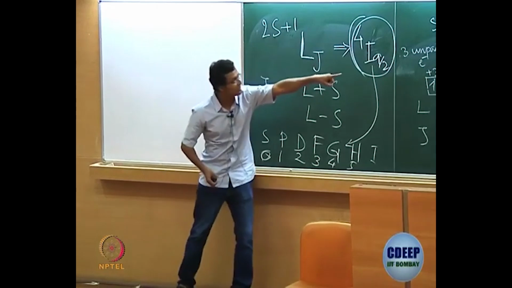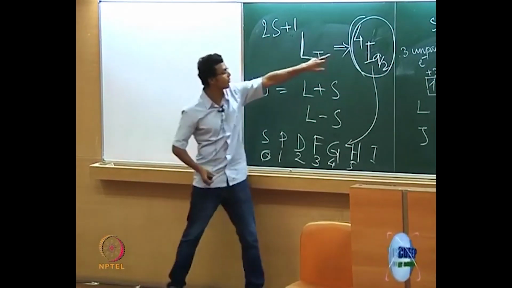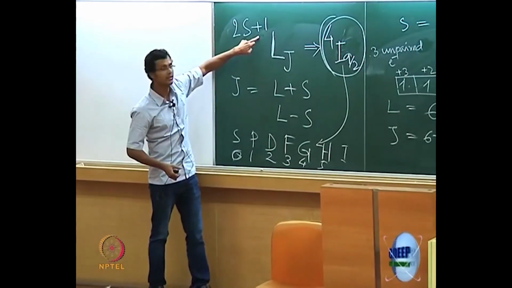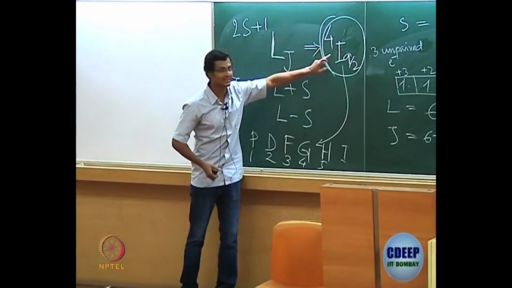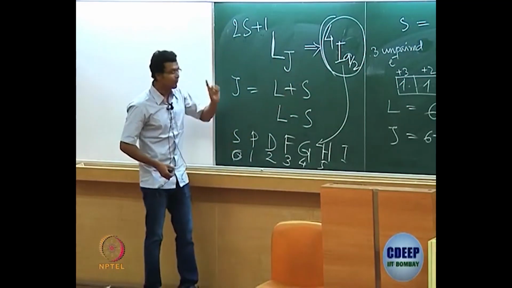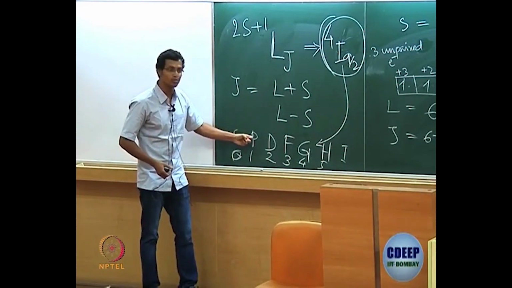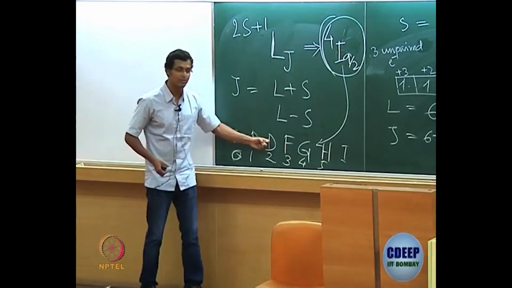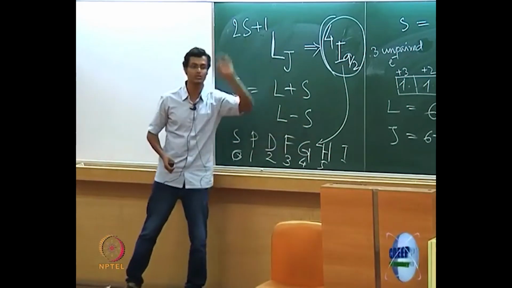2S plus 1, S equals 3 by 2, you plug that in, so that becomes 4. L is your 6. That means if L equals 0, that is S, if L equals 1, that is P, if capital L equals 2, then D, F, G, H, I and so on.